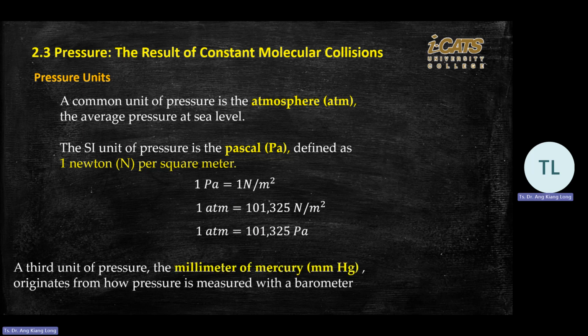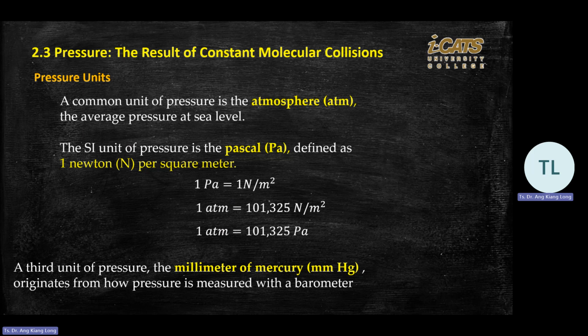Okay, the third unit will be in mercury. If you see the question asks you to put in mmHg, Hg is mercury, so you need to convert into this height. So just use back the understanding just now.